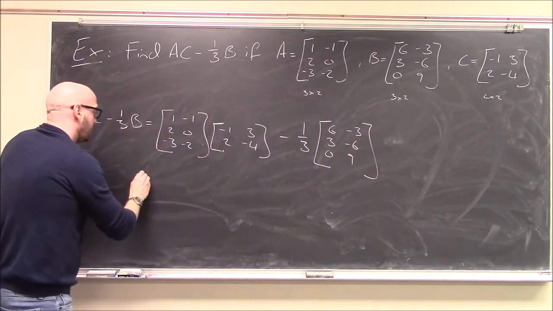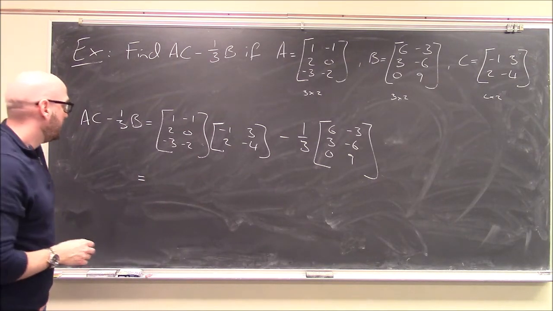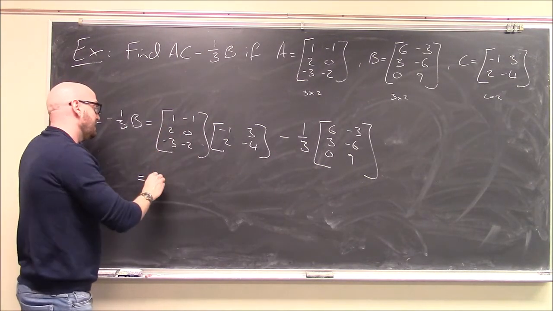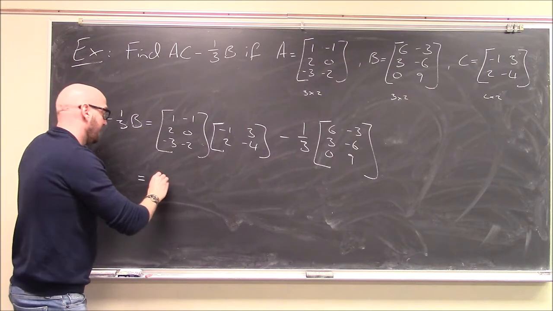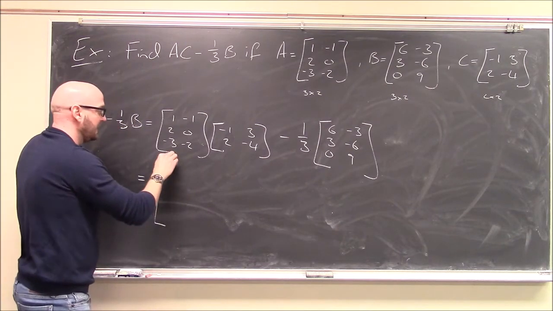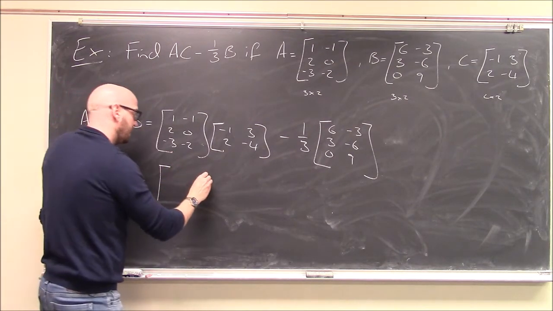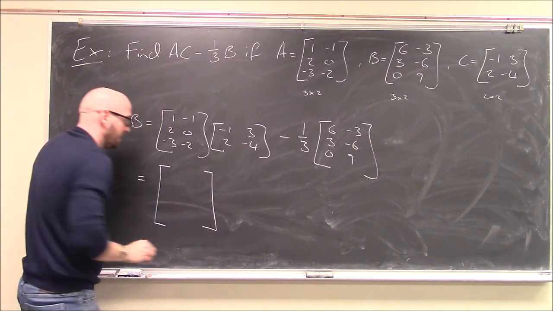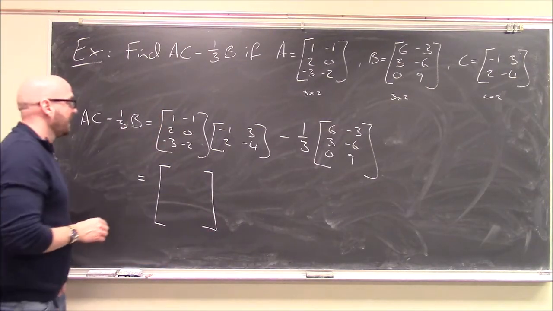And we just have to work out all of the corresponding pieces here. So we're going to do this matrix multiplication fairly quickly and mentally. Again, this is 3 by 2 times 2 by 2, so this result matrix is going to be 3 by 2.